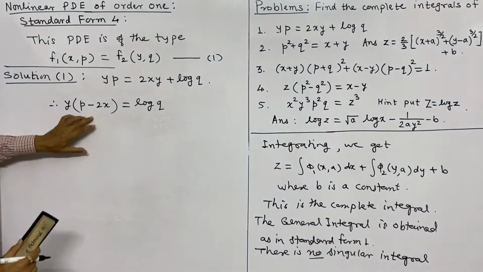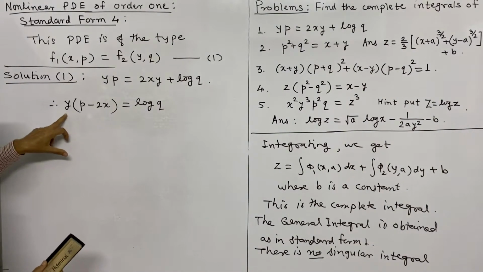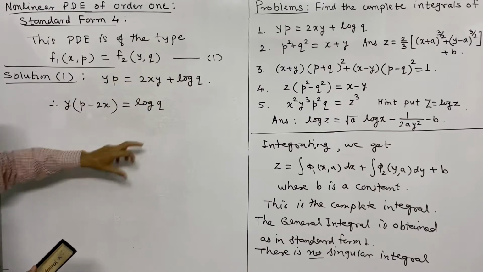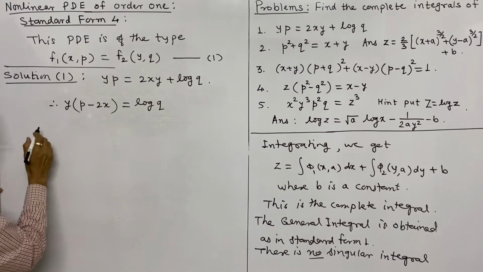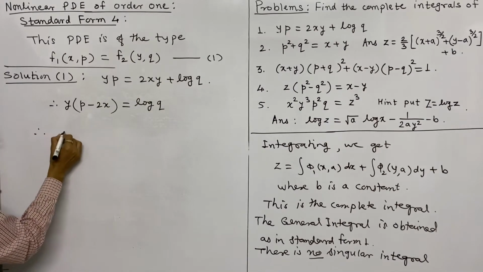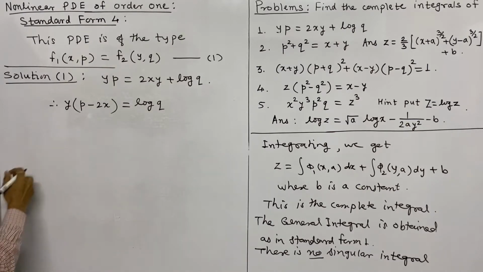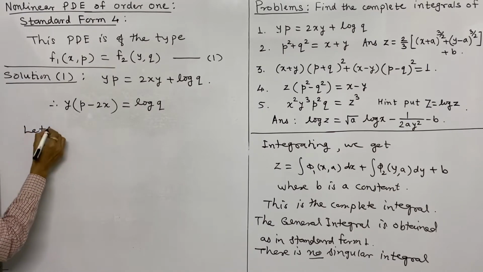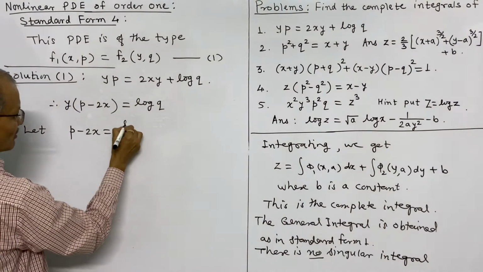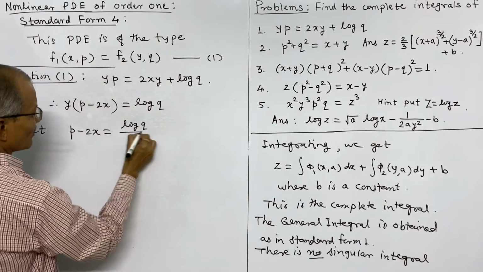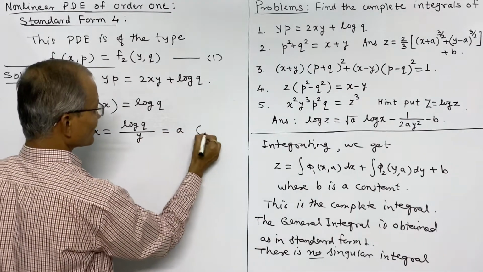Further, this must be a function of p and x on one side and a function of y and q on the other. So this y is to be transferred, that is, y is to be shifted to the right side, and we suppose that p minus 2x is equal to log q divided by y, and suppose this is equal to a.